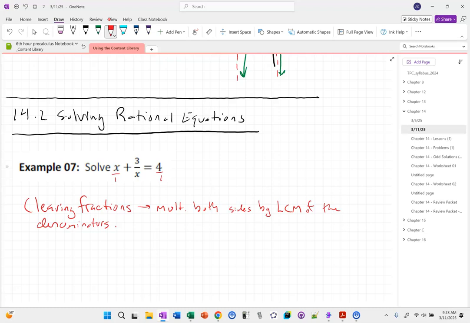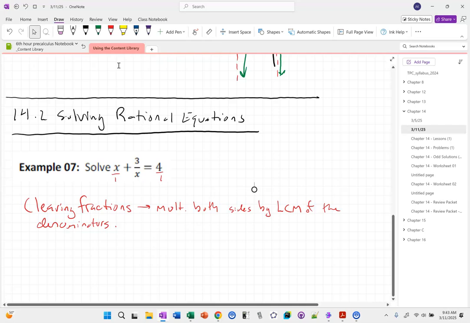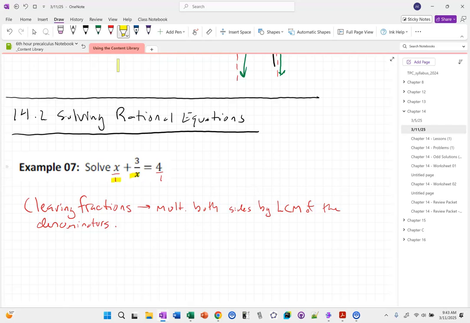So if I look at this, I really have three denominators, right? Well, two of them are the same. So really I'm just considering the least common multiple of x and 1. What's the least common multiple of x and 1? That's incorrect. Let's talk about what a least common multiple is.